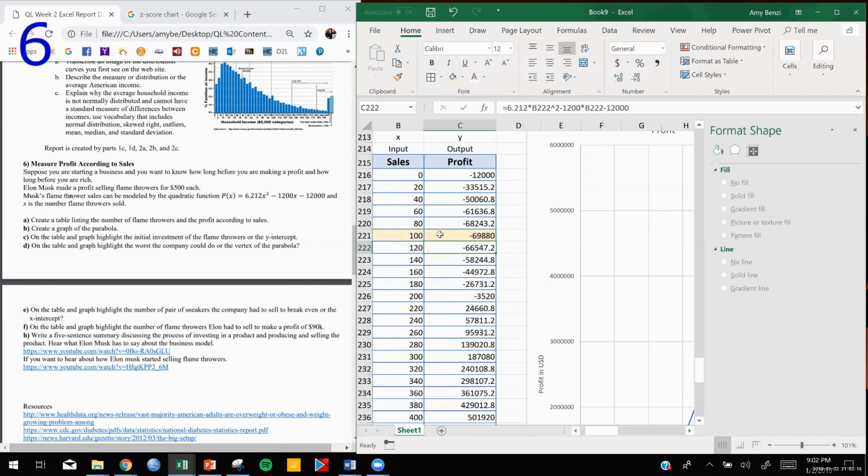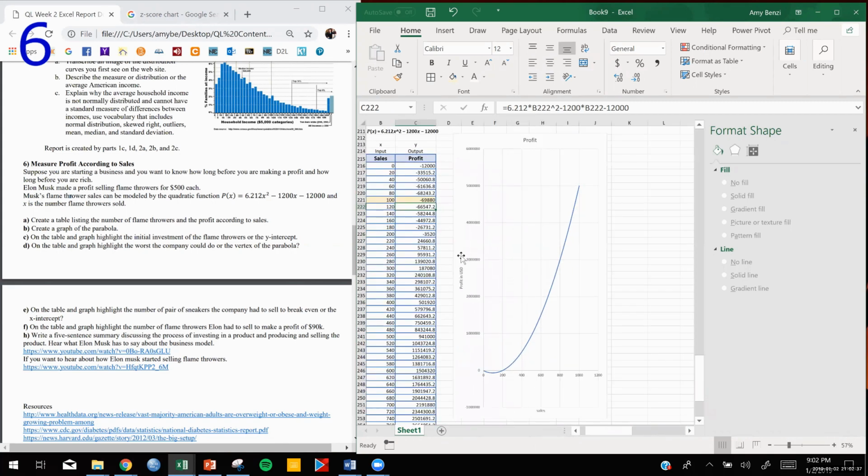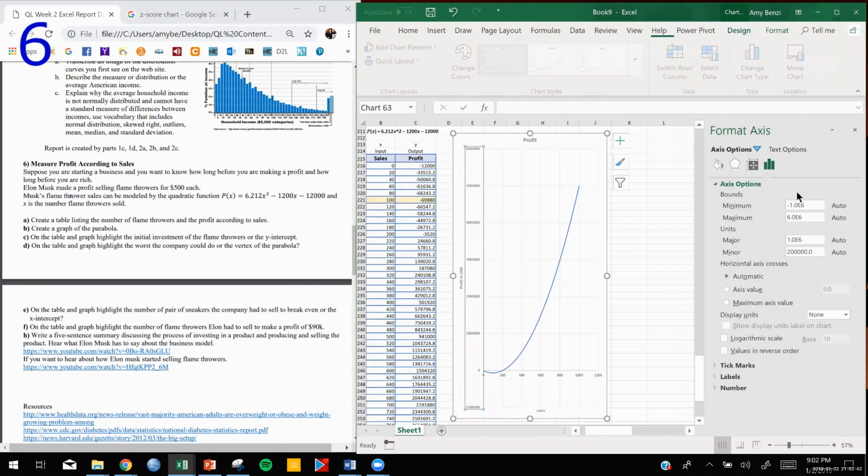All right, there is my absolute lowest spot because look at the numbers on either side of that. I'm still losing money, but then once I sell 100 flamethrowers, now I start moving up just a little bit. Negative 66,000 is more than negative 70,000. Okay, so we know that the lowest we need to go here is 70,000. Let's get our graph back.